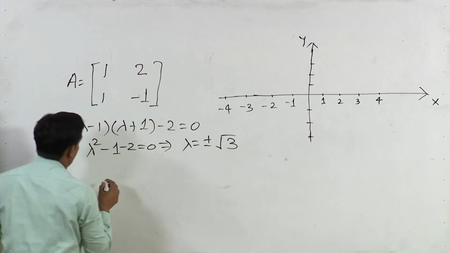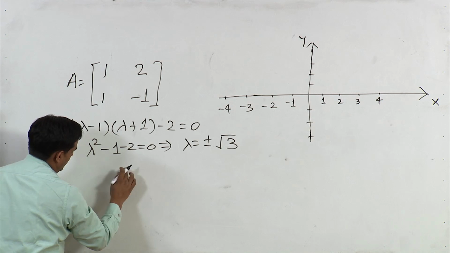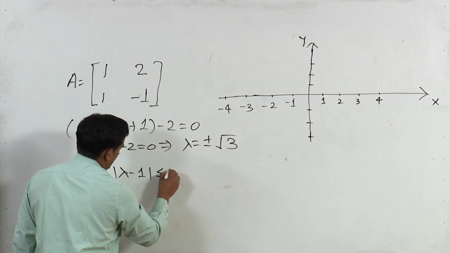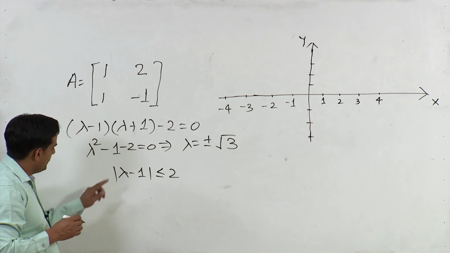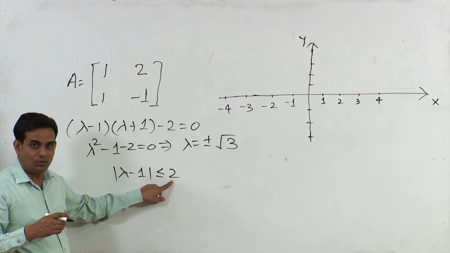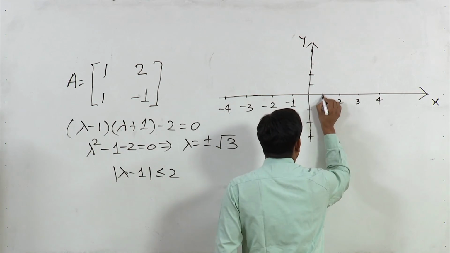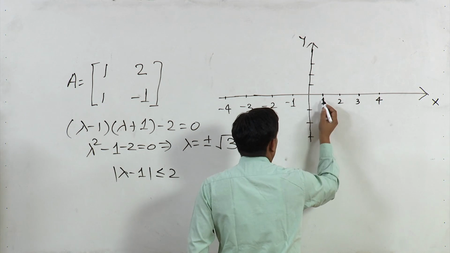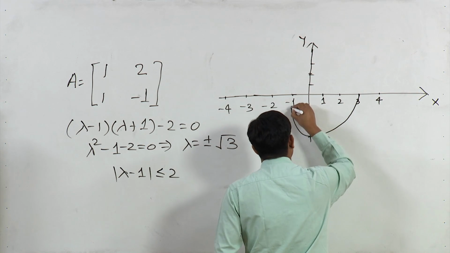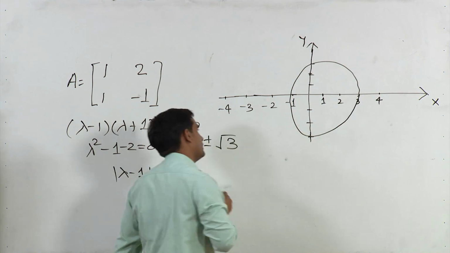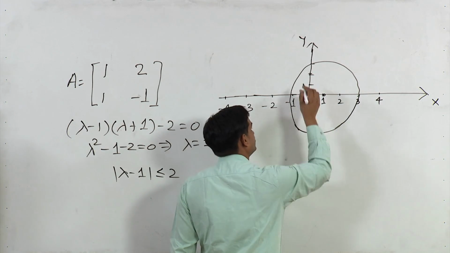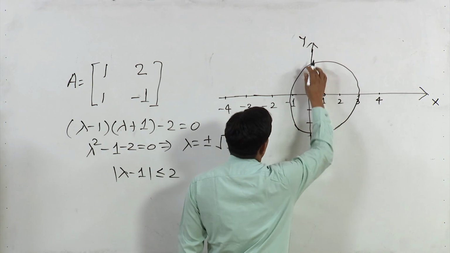From the first row, the first disk is |lambda minus 1| less than or equal to 2. It means the center is at 1 and the radius is 2. So it will be this disk, and this is the center of the disk.